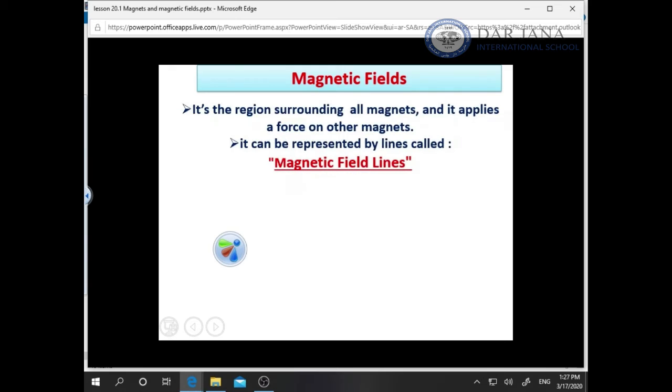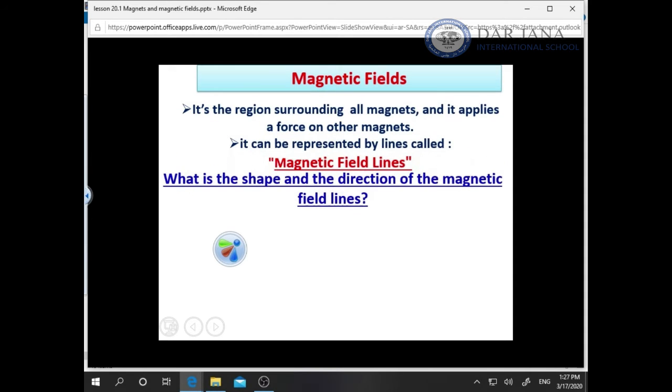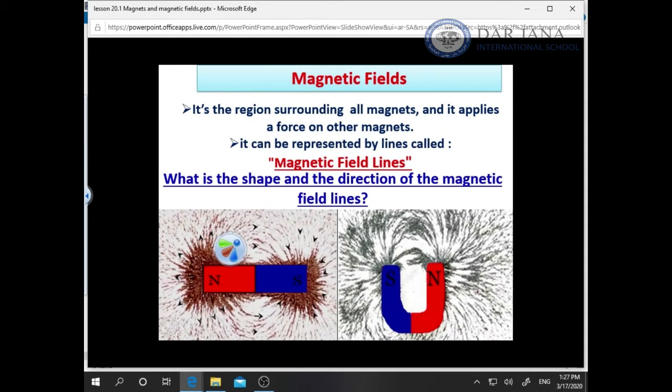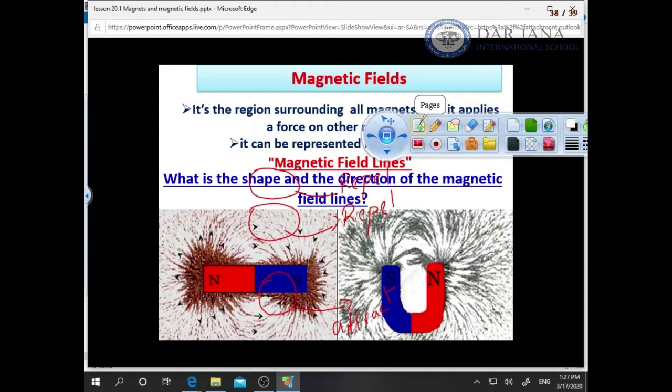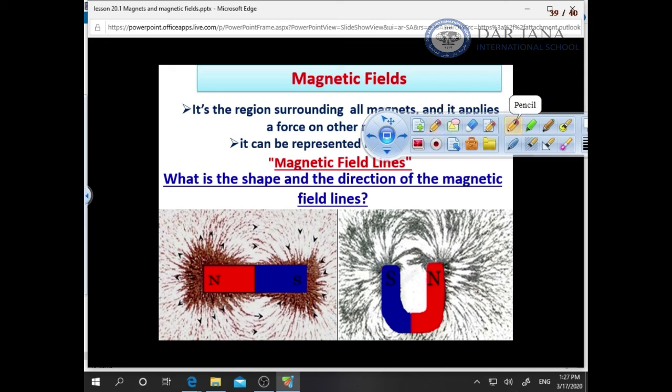Magnetic field lines. Around any magnet there are magnetic field lines. So what is the direction of the magnetic field lines?